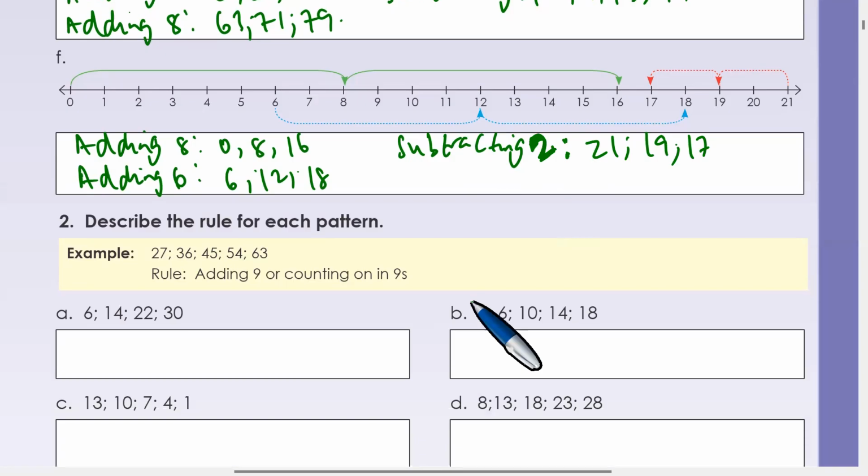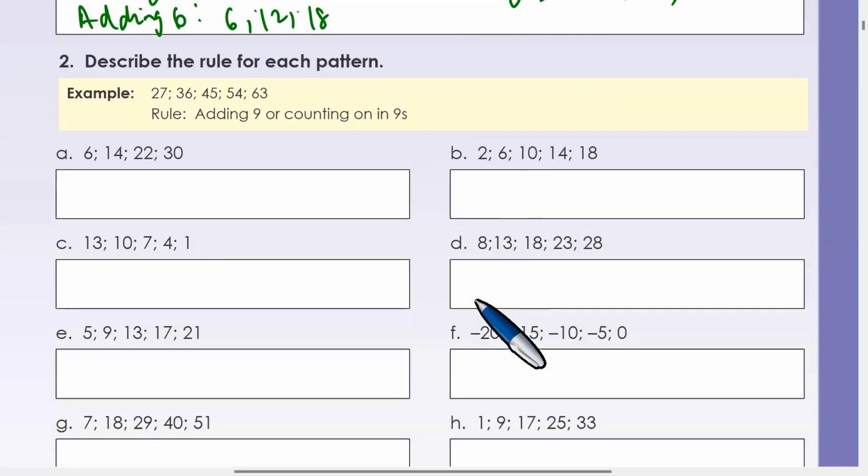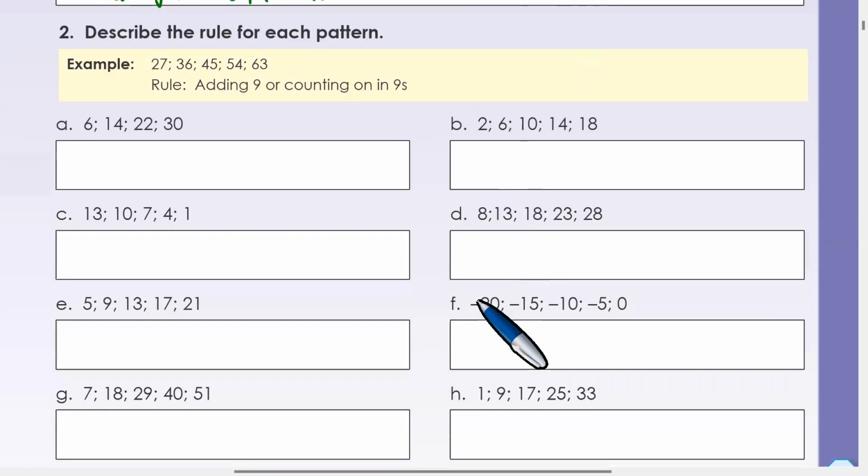Describe the rule for each pattern. So now here you have 27, 36, 45, 54, 63. The rule you describe is what is happening.